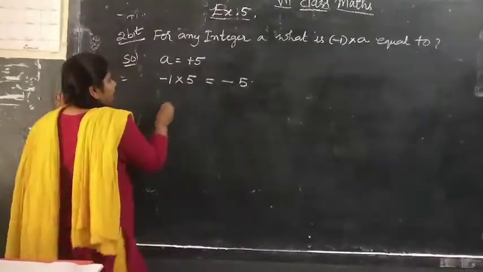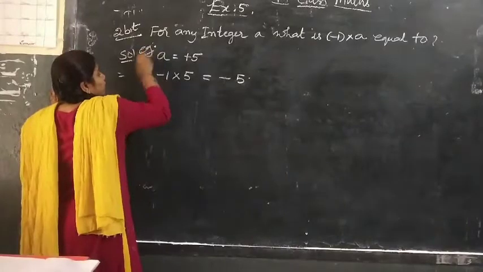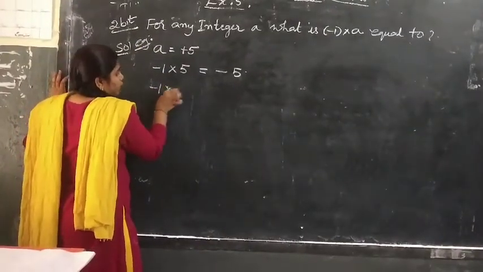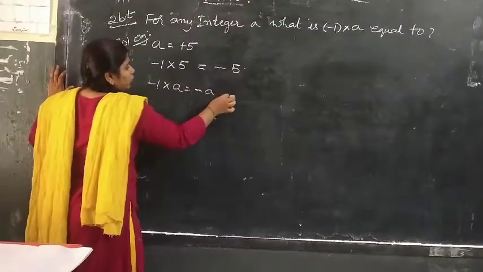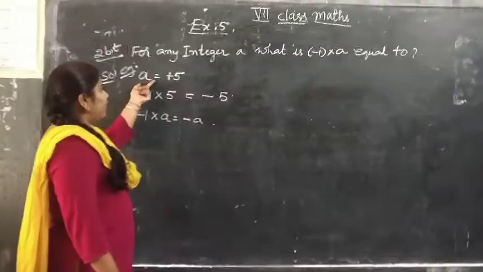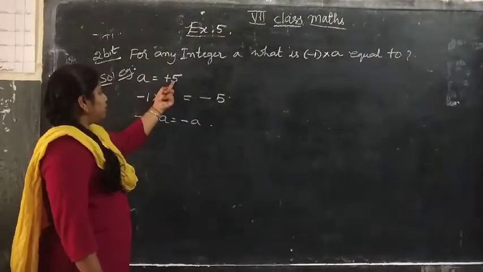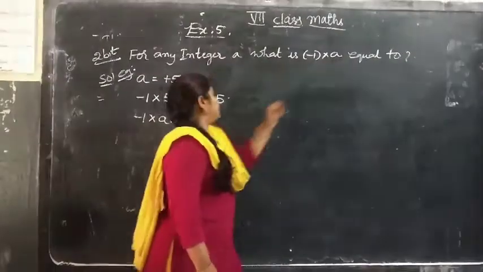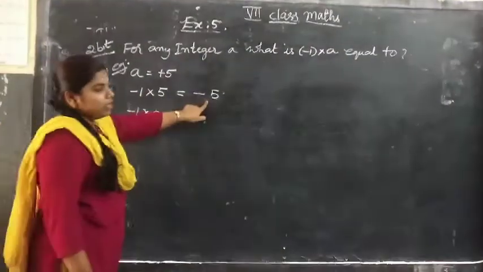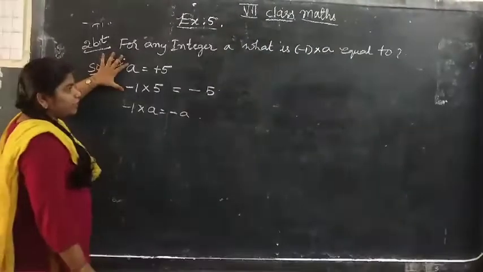So this is an example for that. If you multiply minus 1 to a, always the result will be in the form of minus a. If you take a value as plus 5, substitute this 5 in place of a. What is that? Minus 1 into 5 will be minus 5. This is only an example for understanding.